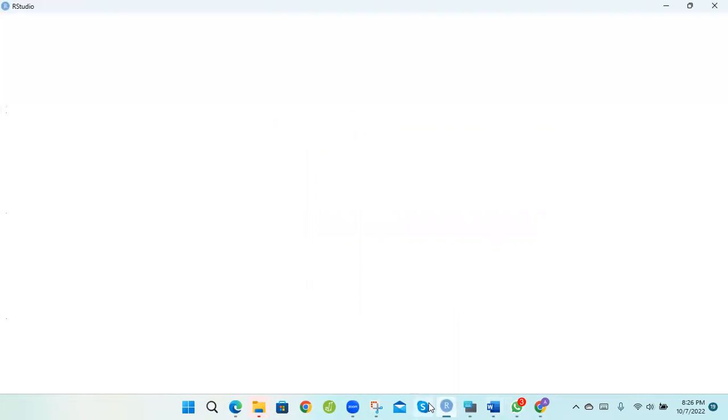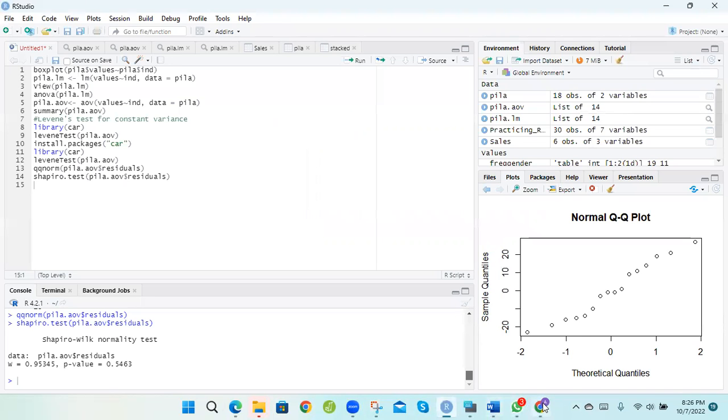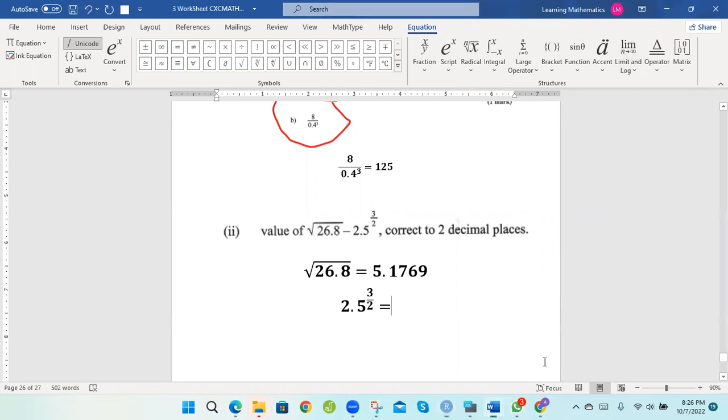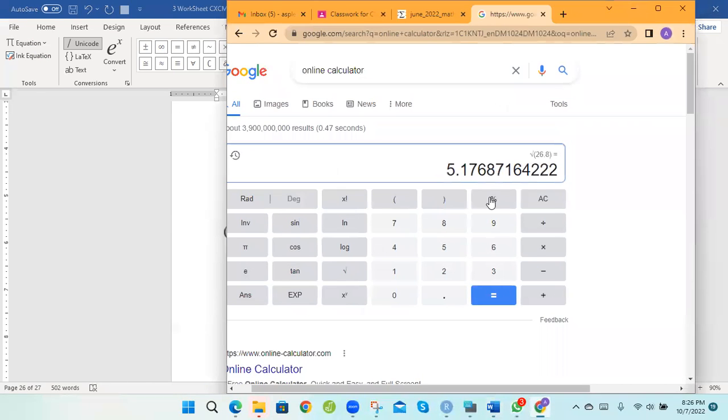Depending on your calculator, then we have to work with that. So we want to find 2.5 raised to the power of a fraction. So I'm going to use a fraction, 3 over 2.